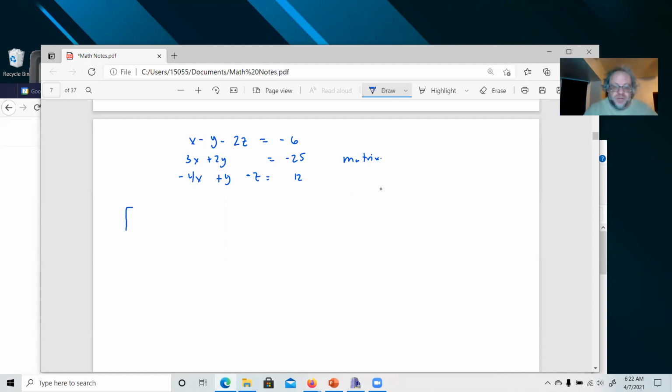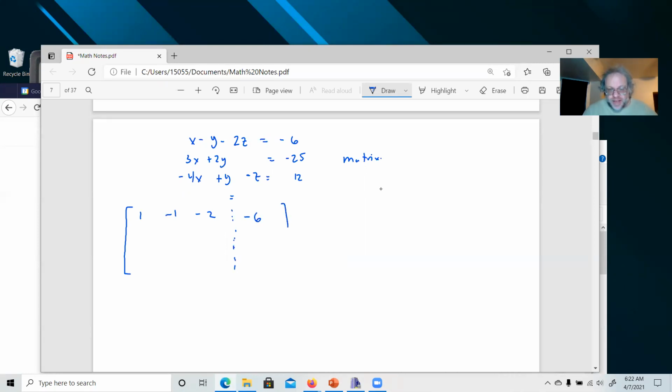So all we're going to do is make a little box, and I'm just going to go ahead and write in my coefficients here. So I've got 1, -1, -2, and they typically put this little dotted line here. This is your equal sign here. And on the other side, we'll have a -6. Okay.